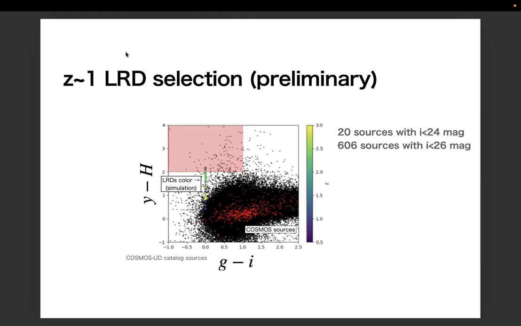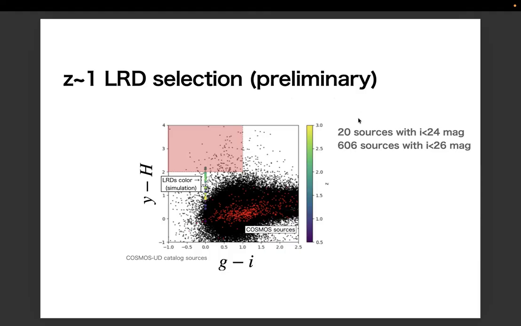So I show you the preliminary results. The black dots represent COSMOS sources, and this is the color selection. Then we see some COSMOS objects that show this color. I overplot the simulated little red dot color, and it surely enters around redshift 4 or so.